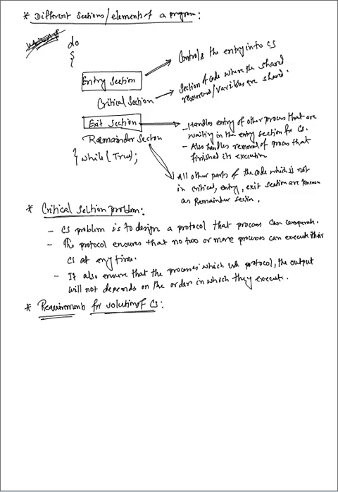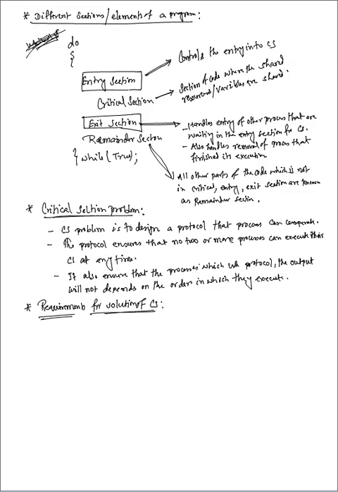So it is called safety. I hope mutual exclusion is clear. That is the protocol's first task: when one process is executing its critical section, no other process is allowed to execute its critical section. So this is all about mutual exclusion.